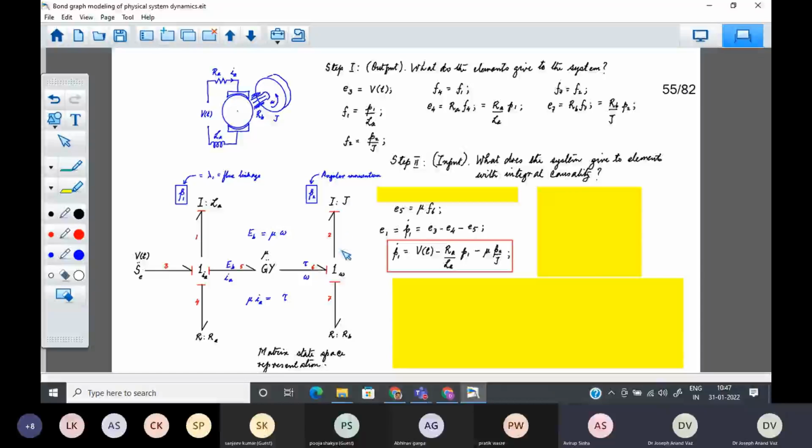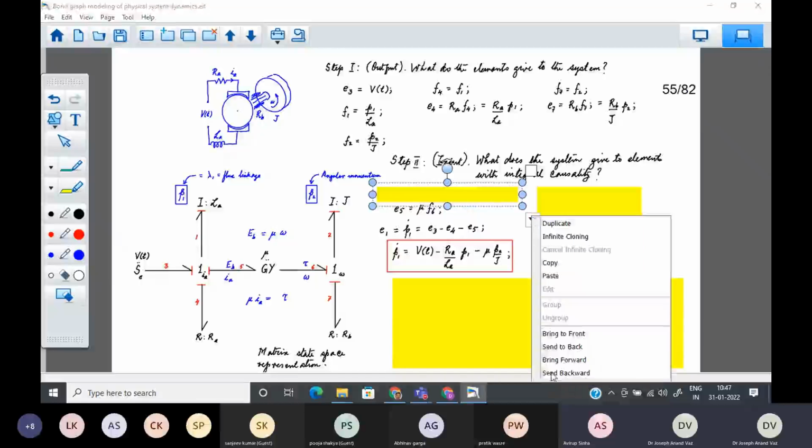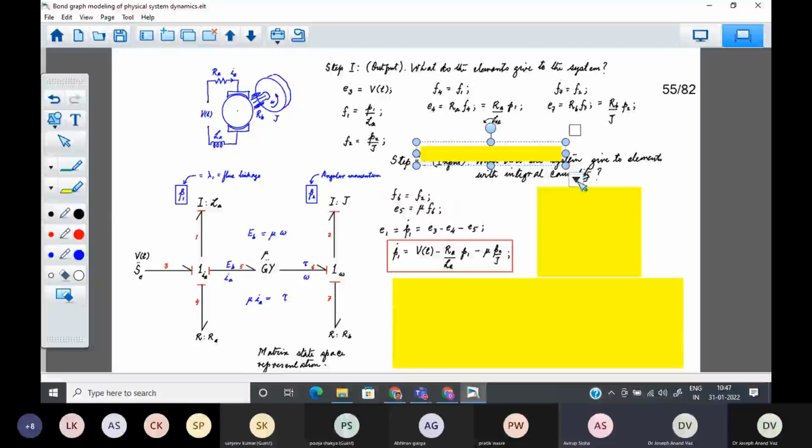It is being brought in by this bond. Flow 6 is the same as flow 2 because this one junction is a common flow junction. So flow 6 is the same as flow 2. And flow 2 is already known to us as P2 by J.